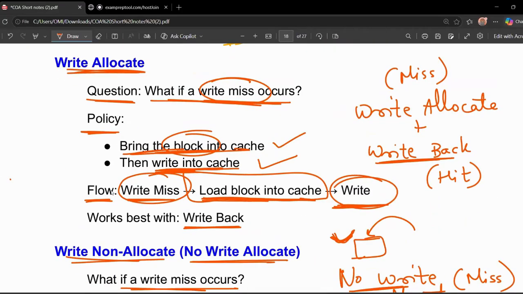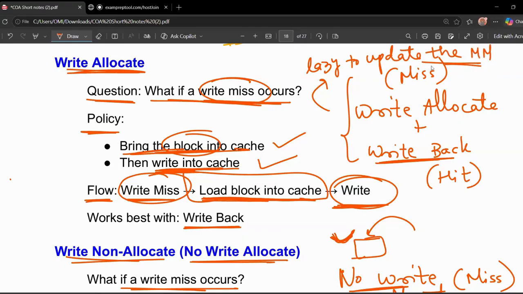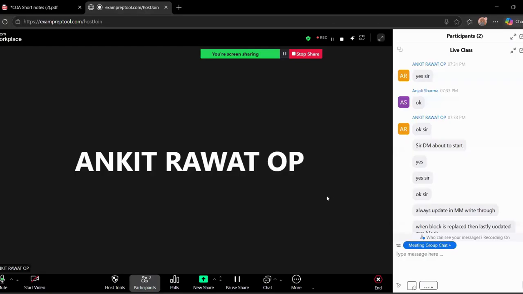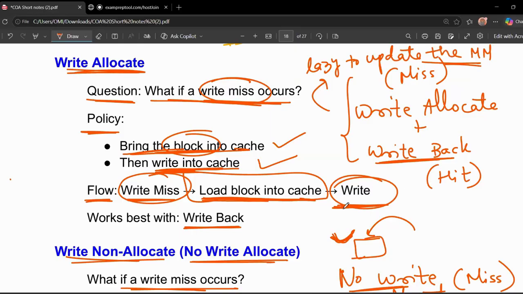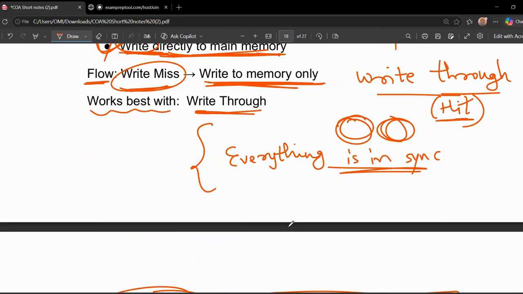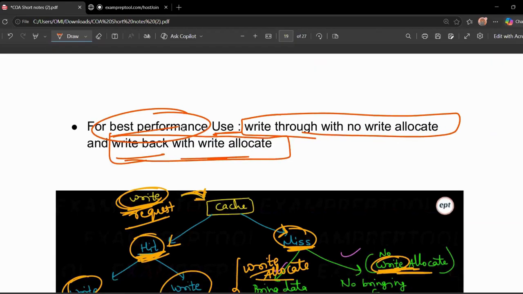So this combination is lazy to update the main memory. This way you will get the best performance: write through with no write allocate, and write back with write allocate.